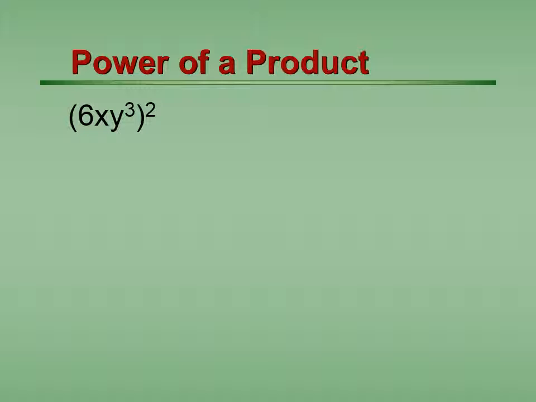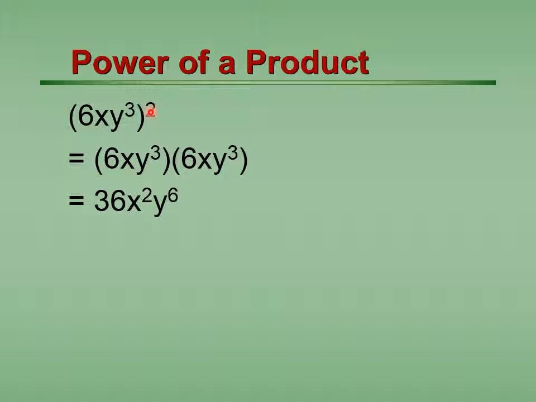So for example, 6xy cubed to the second, we had to distribute this 2. Or you can look at it like this. It's repeating this entire thing twice. So 6xy cubed times 6xy cubed.